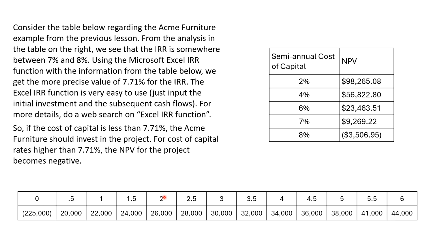So we put all this information into the Excel IRR function. We get a more precise value of 7.71%, which kind of makes sense. It's right between these two numbers. And we could have estimated this manually.